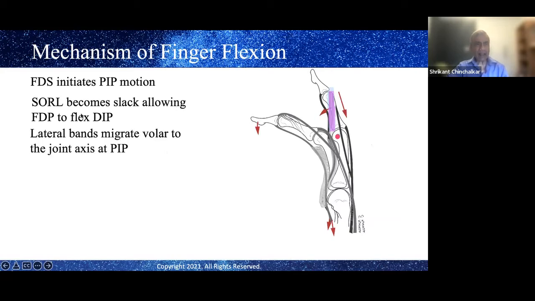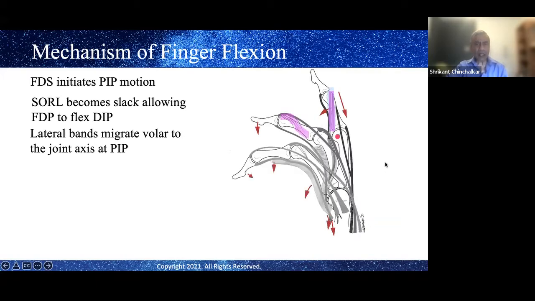As the profundus flexes the distal phalanx, with increased PIP and DIP joint flexion, the oblique retinacular ligament is slack, as you see here, and your lateral band, which is dorsal to the anatomical axis of rotation when the finger is fully straight, is now moving towards the volar side. In other words, the lateral bands start migrating volar to the joint axis at the PIP joint.